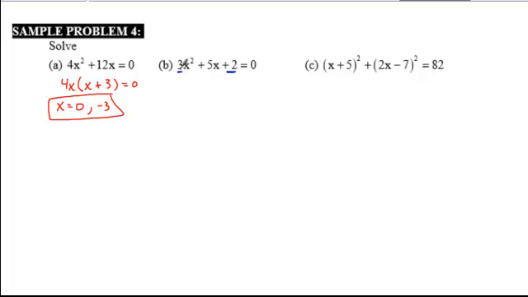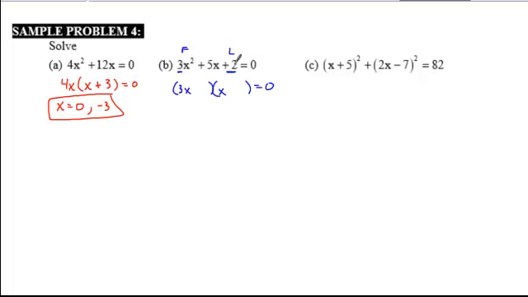Now, the fact that our leading coefficient and constant are prime numbers tells me I'm going to reverse FOIL because it'll probably be easier to do that than to rewrite the middle term. So my binomial factors have to yield a product of the first terms of 3x squared. So the only combination for that is 3x and x. My last terms have to yield a product of +2.